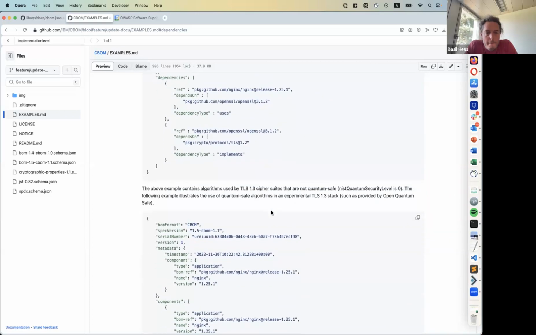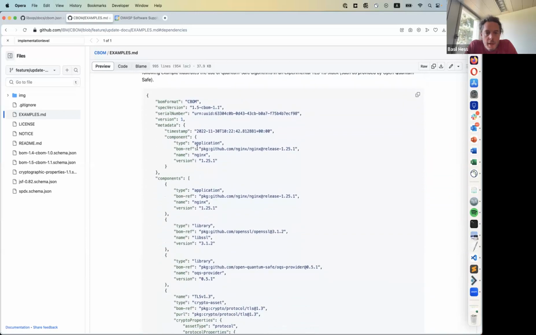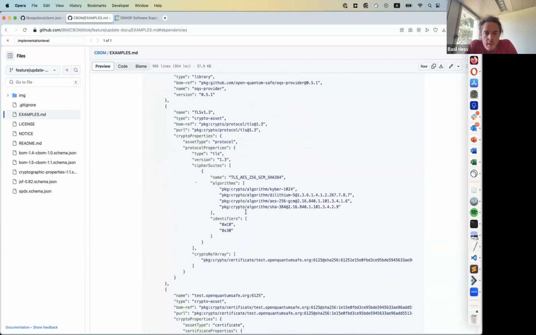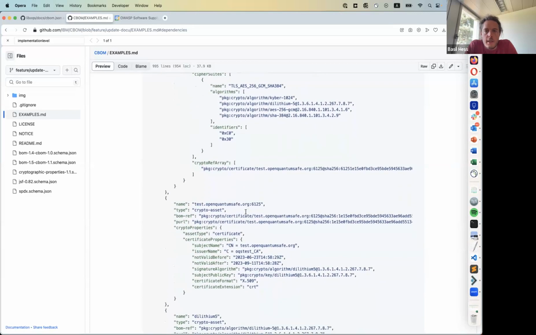The second example is basically the same thing, but instead of using RSA and ECDH, we use Kyber and Dilithium, which are the quantum safe standards, for which NIST, I think just today, published FIPS drafts.